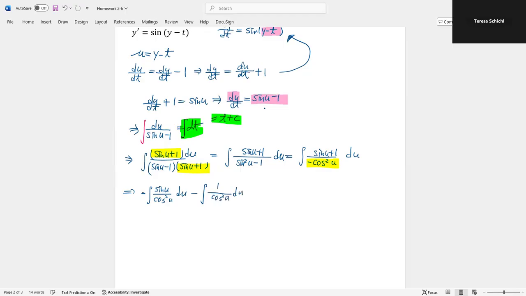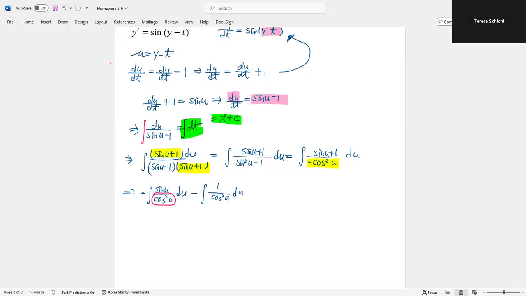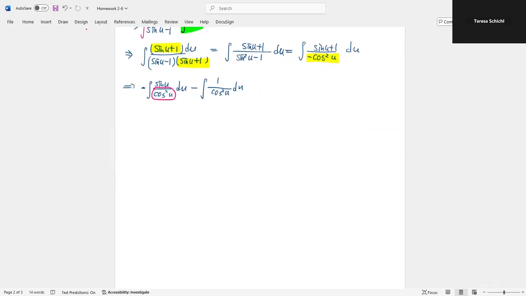All right. For this one here, I need to do a u substitution again, right? So here I will set u star equal to cosine u.